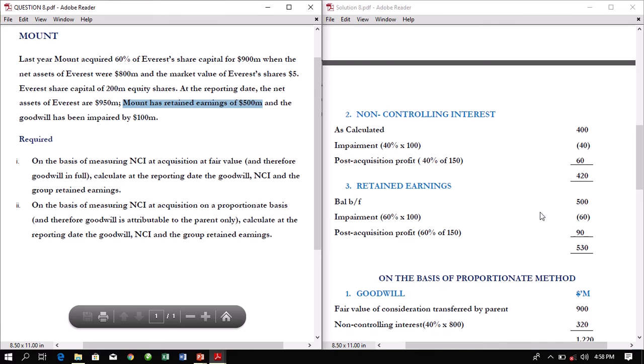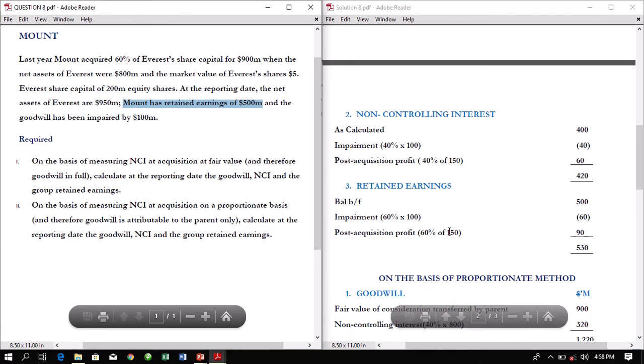Don't forget, any impairment when we are using fair value basis to measure NCI will be suffered by both parent company and the NCI. That is why the impairment here is 60% times 100. So the parents will suffer 60 out of it. And again, the post-acquisition profit, the parent company will gain 60% of that.